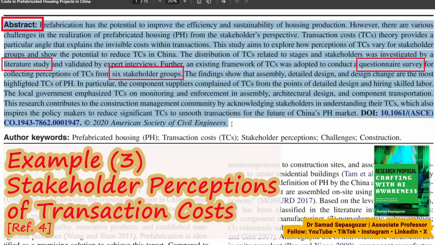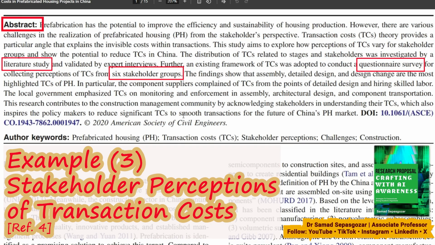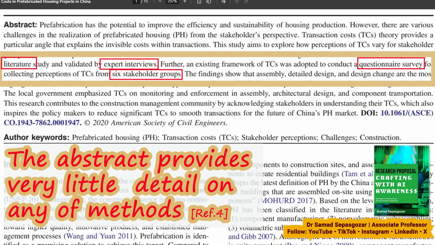This is the third example, which is an unstructured abstract. The topic is also related to prefabrication, but you can see the method is so compressed and lacks critical details. The abstract lists multiple methods that they used in their study, like literature review, expert interviews, existing thesis, framework, questionnaire survey, 6 stakeholder groups.